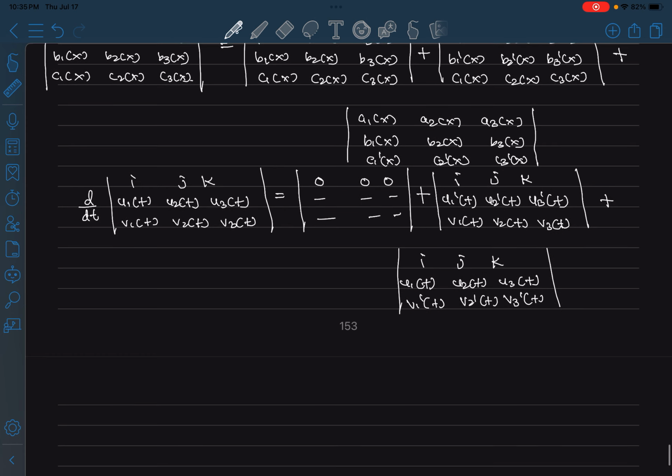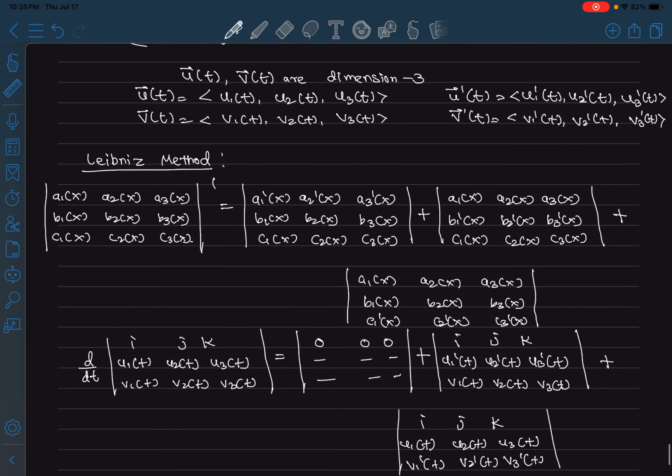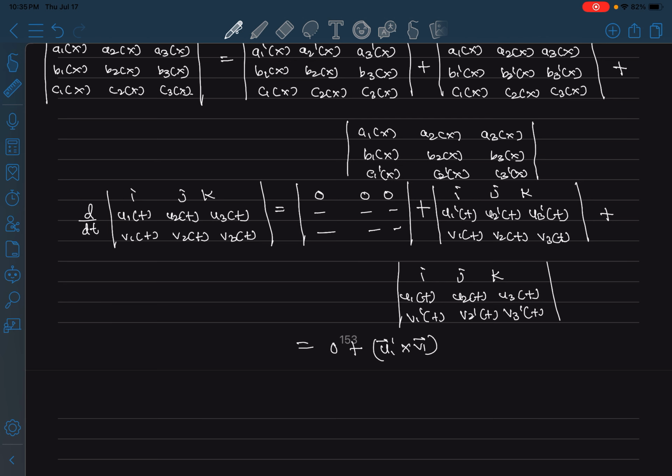So now I can easily see that this is 0 plus, the second determinant is just the cross product of u prime vector with b vector. That's so obvious because the second row is full of the components of u prime vector, as you saw earlier, and the third row is just the components of b vector. And plus, the next thing is u vector cross b vector prime.